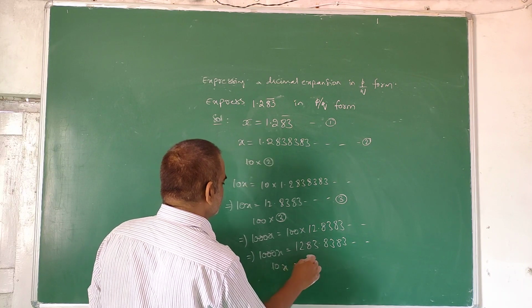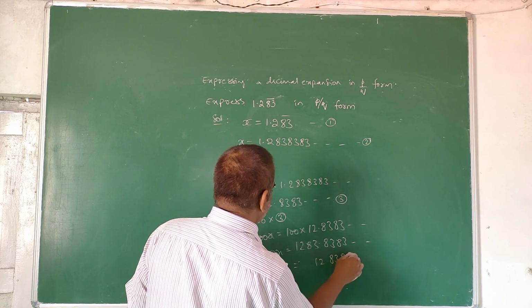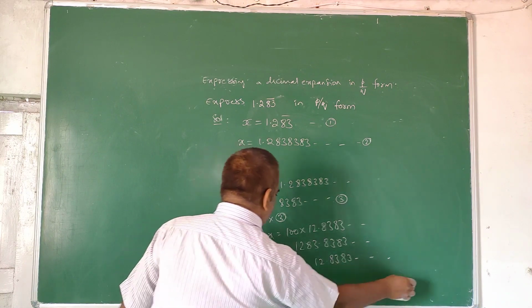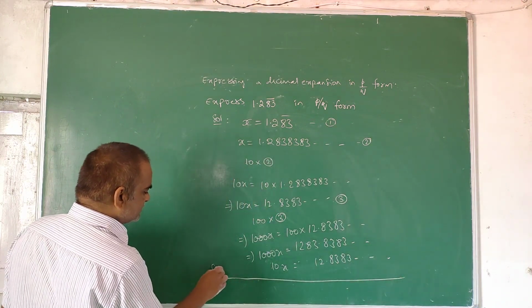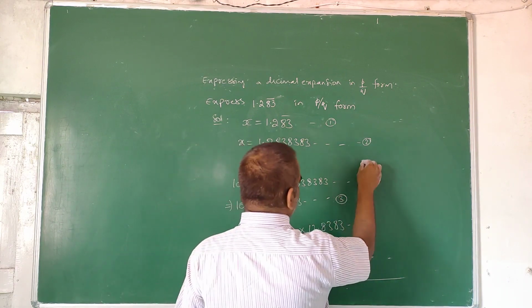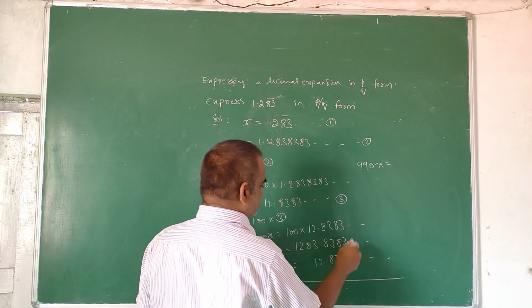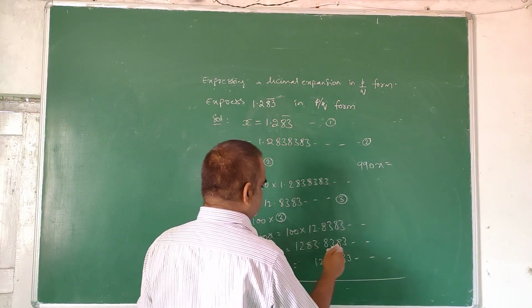10x is equal to 12.838383 and so on. Now you go for subtraction. If you subtract 1000x minus 10x, which is 990x, is equal to, this is 0, this is 0, this is 0, this is 0.